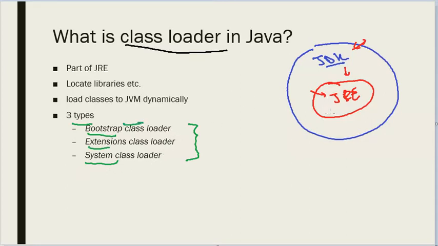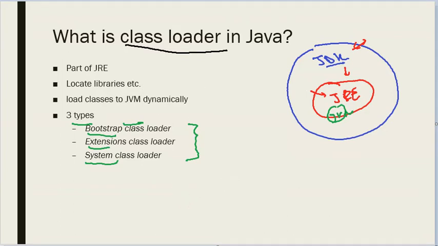Whenever the JVM calls the Bootstrap class loader, it's like some kind of machine code inside the JVM, which dynamically loads the Java classes when they are needed, and they are then stored in the memory.